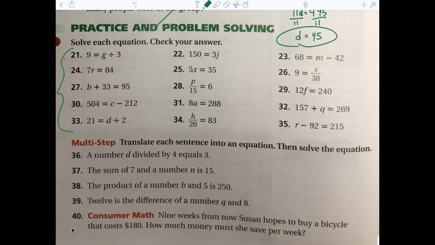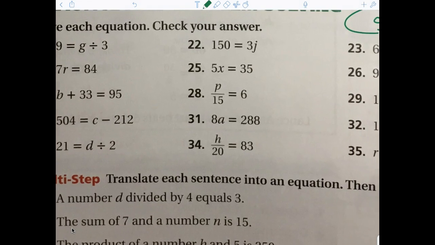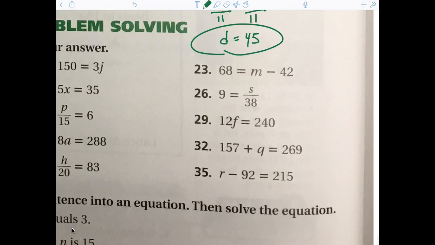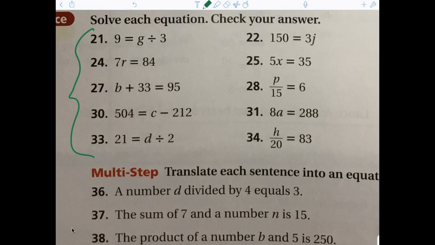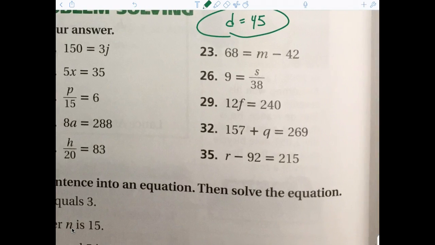Carly, number 21, how do I undo division? On number 22, how do I undo multiplication? Division. Come on, Bradley, how do I undo subtraction? Addition. Mr. Thomas, how do I undo multiplication? That's correct. On number 25, how do I undo multiplication? Division. How do I undo division, guys?